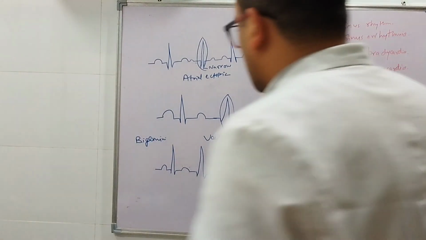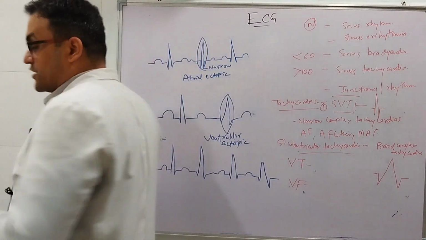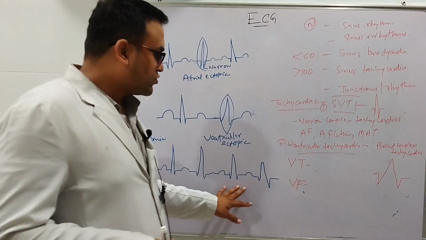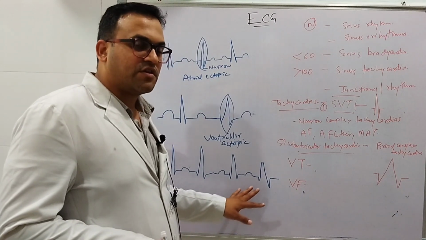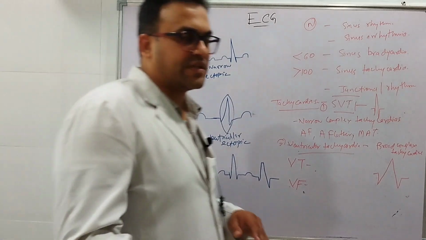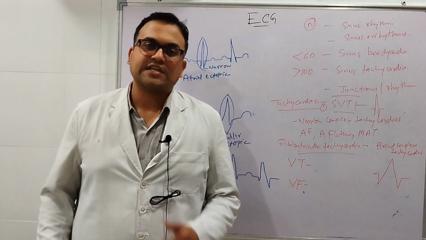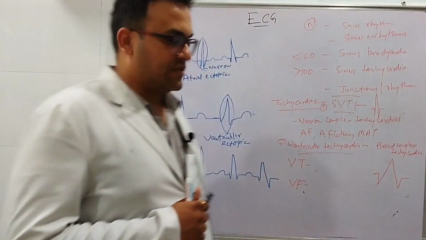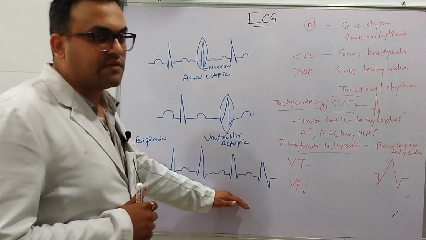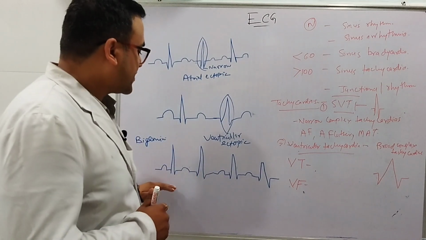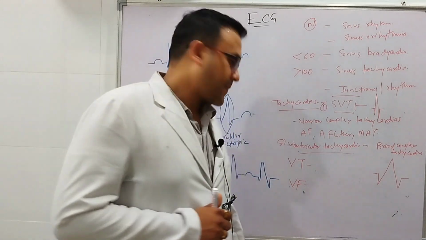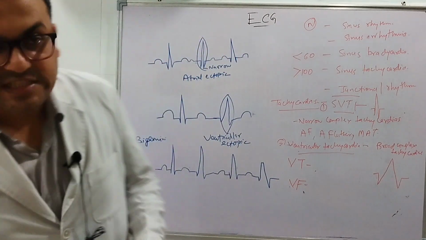If we see two normal PQRST followed by one ventricular extrasystole, again two normal PQRST followed by one ventricular extrasystole, this is 2:1, and we will call this ventricular trigeminy. So bigeminy: one normal, one extrasystole, one normal, one extrasystole. Trigeminy: two normal, one extrasystole, two normal, one extrasystole. So that is ventricular trigeminy.